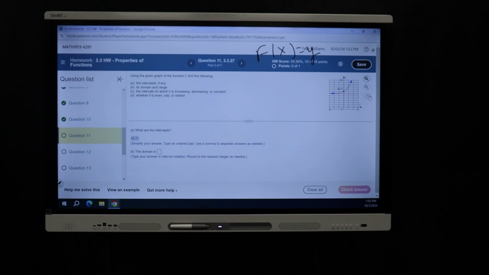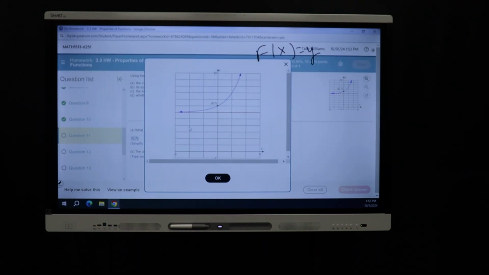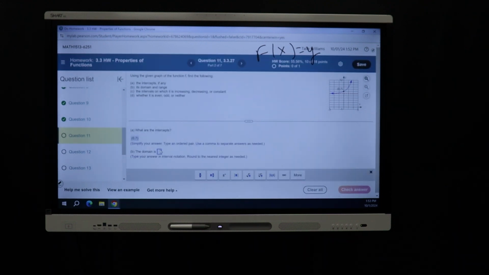Domain and range. When I look at this graph for my x values, the first time I come into contact with it, I have an arrow. The next time I come into contact with it at the end of the graph, it also has an arrow. So our domain is going to be negative infinity to infinity. Our range, on the other hand, is going to be different because of that asymptote.